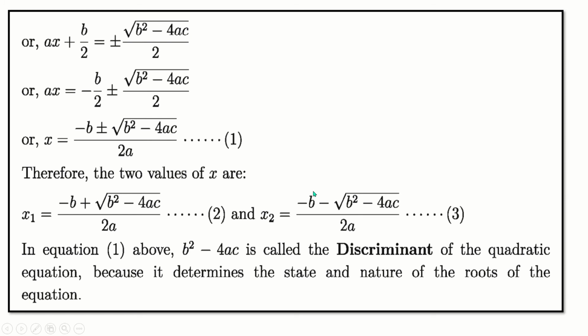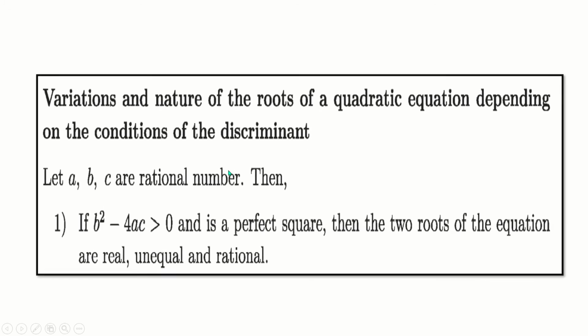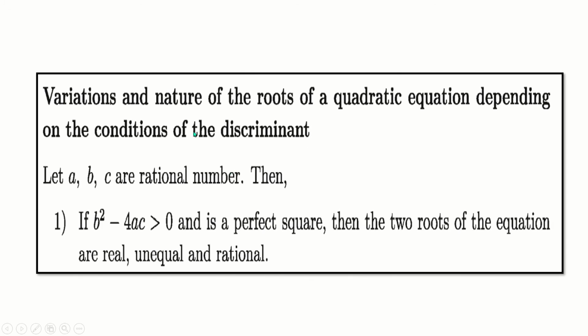Okay? Now follow the nature of the roots of this quadratic equation depending on the condition of the discriminant. Here the discriminant is b square minus 4ac.